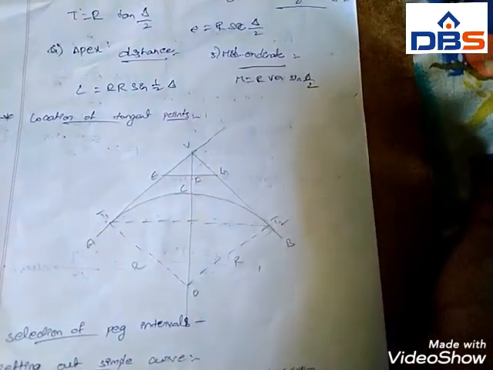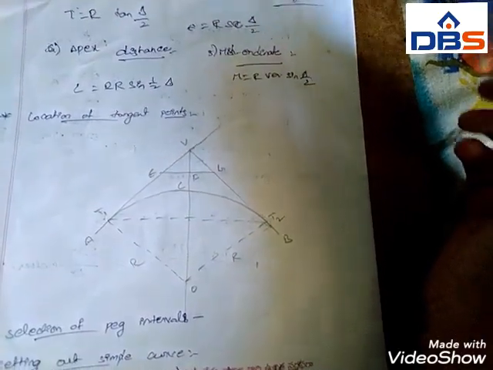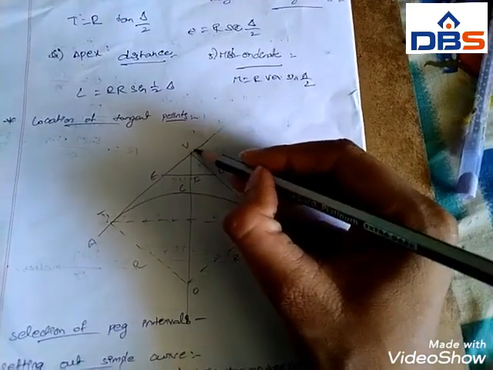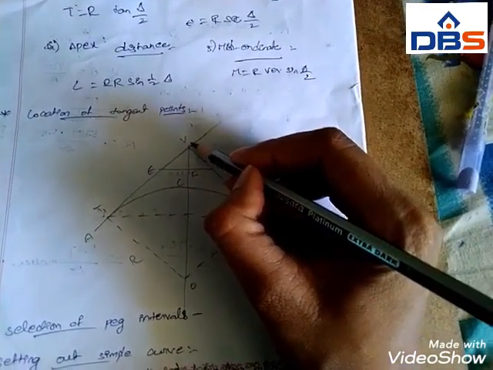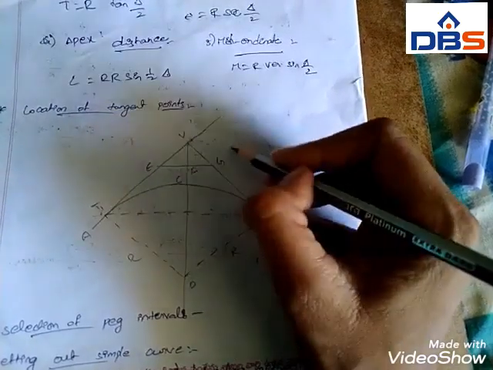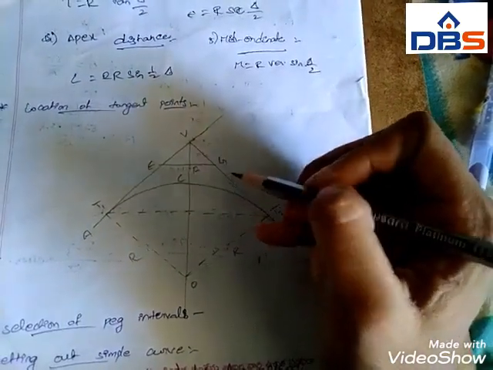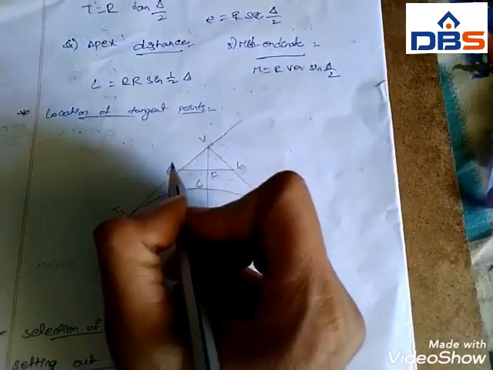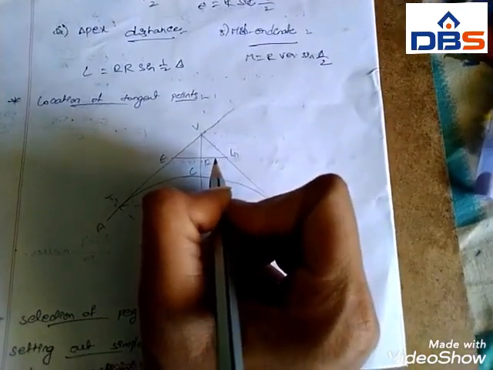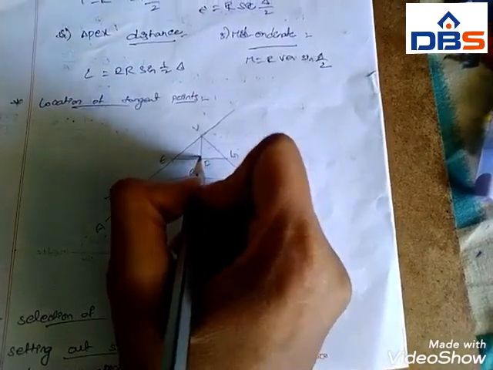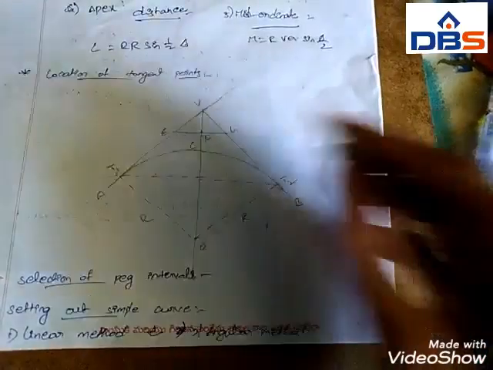Produce the two straight lines to meet at the point V. Now select two intervisible points, E and G, on the lines VT1 and VT2. Here we join E and G and bisect at the point F. Now we do a simple calculation to find the tangent lengths, that is VT1 and VT2.